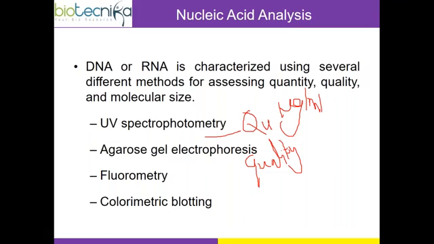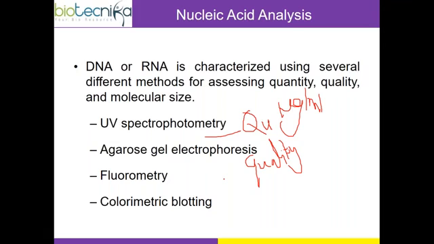I think everybody must have performed UV spectrophotometer, agarose gel electrophoresis, right? What is the basic principle behind spectrophotometer, guys? What is the basic principle behind it? Beer-Lambert's law. Very good, Avarti, Anshul, Mamita, Anupa, Kumari, Gayatri. Very good.